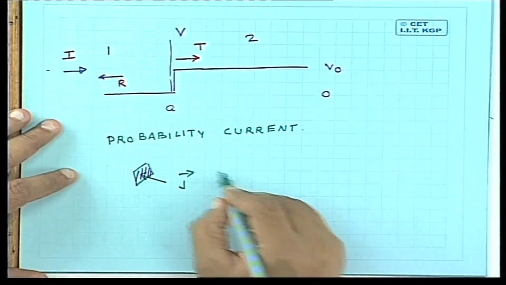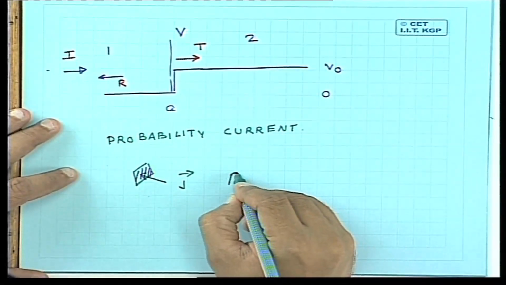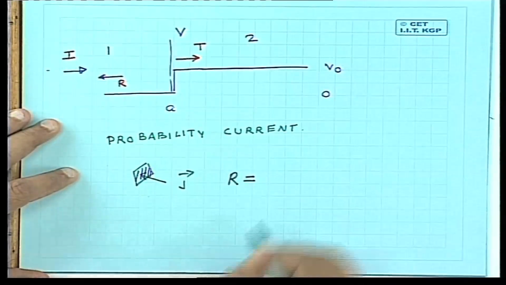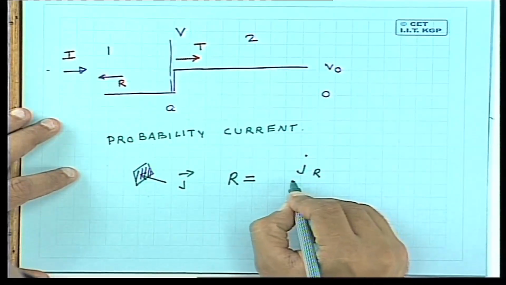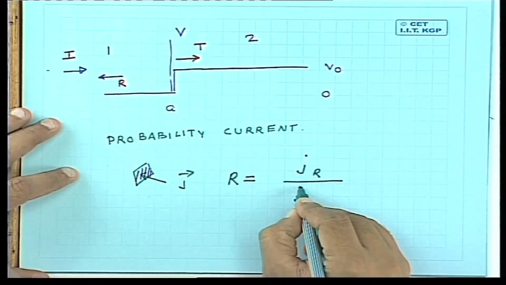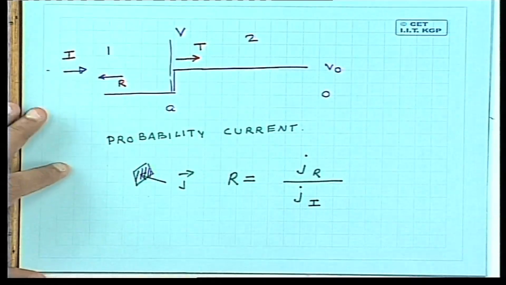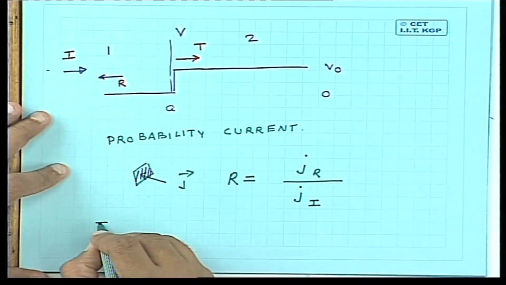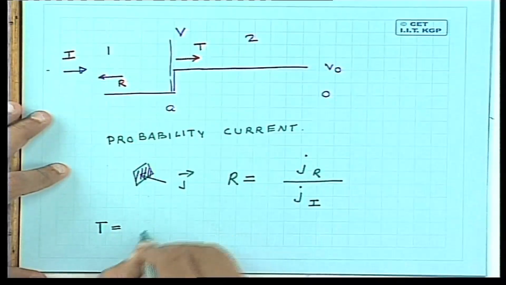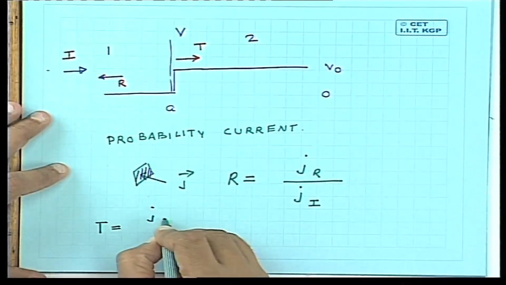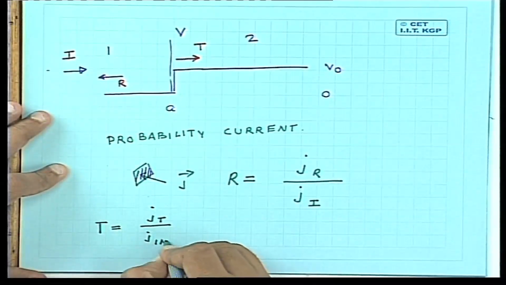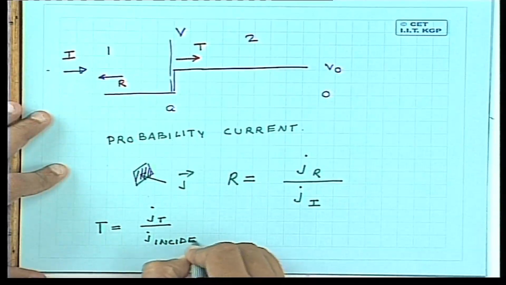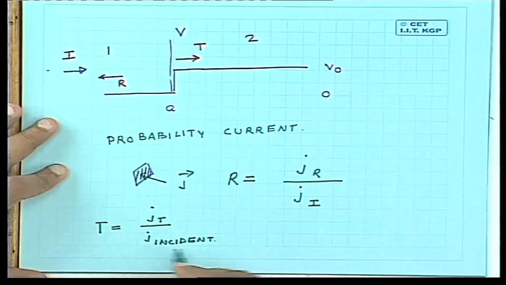And the reflection coefficient R is defined to be J reflected by J incident. And the transmission coefficient T is defined to be J transmitted by J incident, Ji.